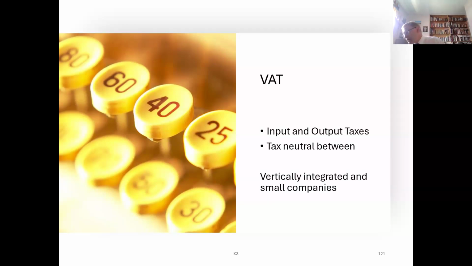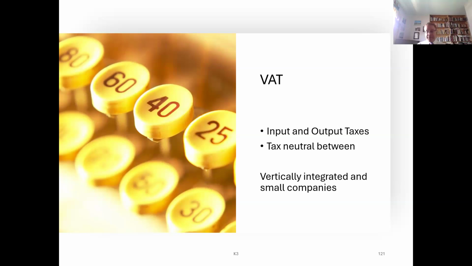So in other words, there is no advantage in there being a company, a multinational that does manufacturing, wholesaling and retailing, and therefore only has one VAT point, as opposed to an independent who may buy from a wholesaler who buys from a manufacturer.